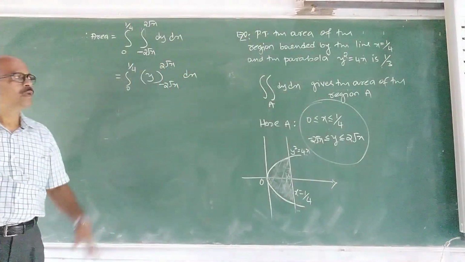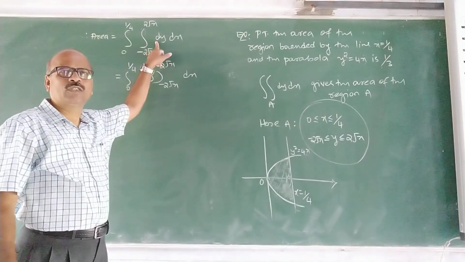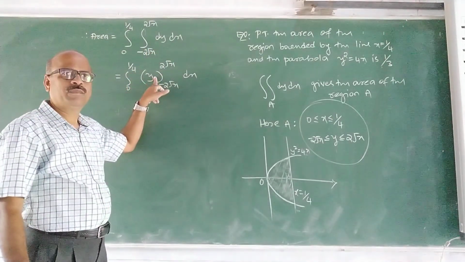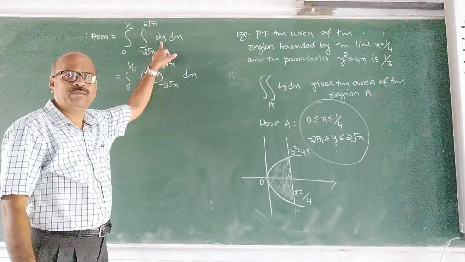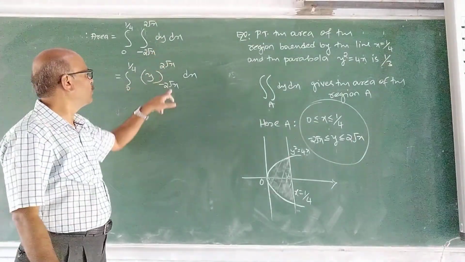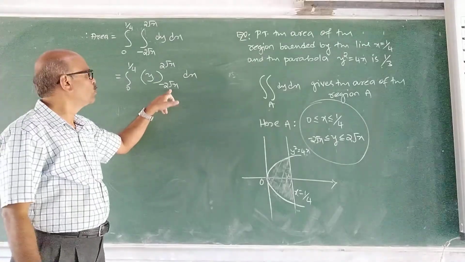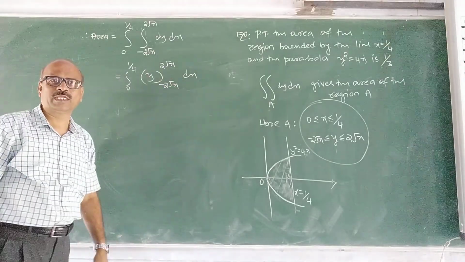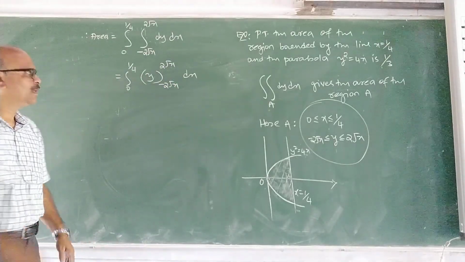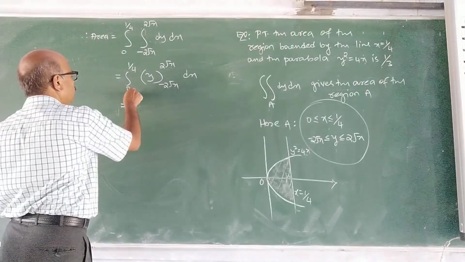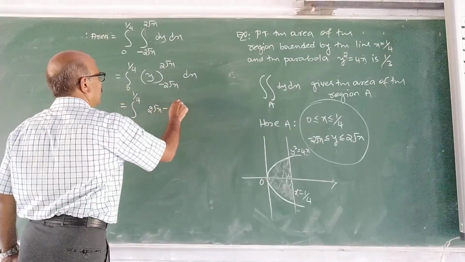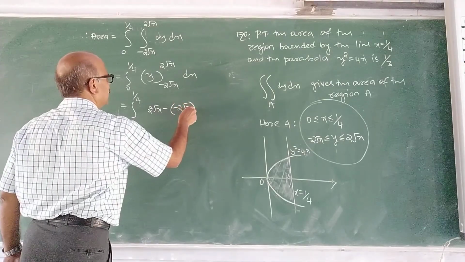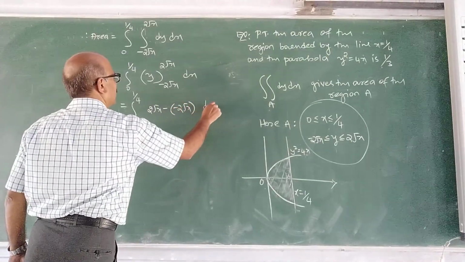What is the integration of 1 dy? It is y. First we have to integrate with respect to y. What are the limits for y? Minus 2√x to plus 2√x. So the integral from 0 to 1/4 of 2√x minus (−2√x) with respect to x.